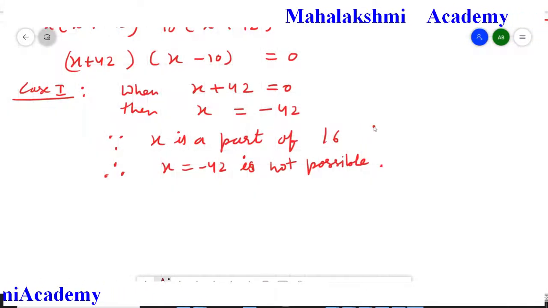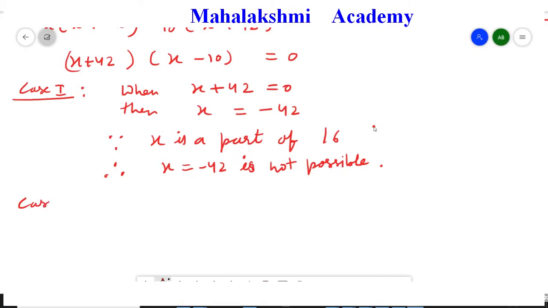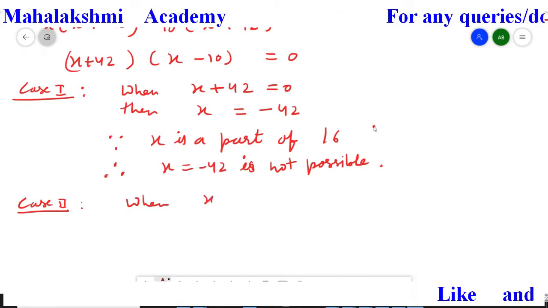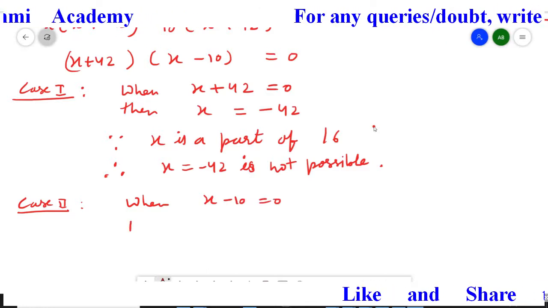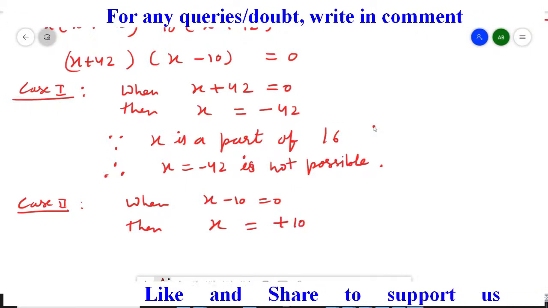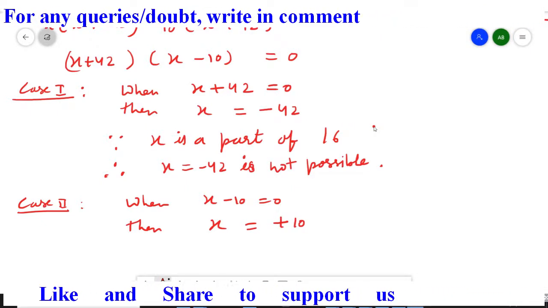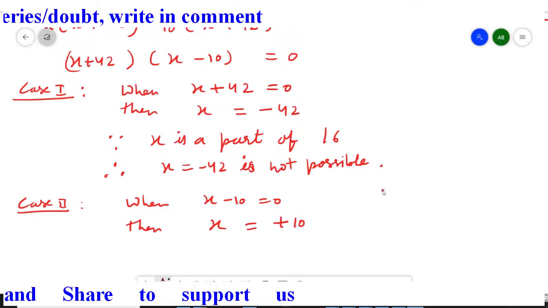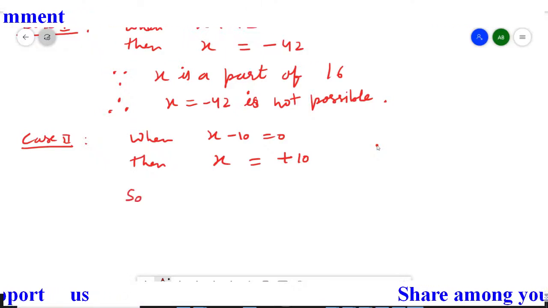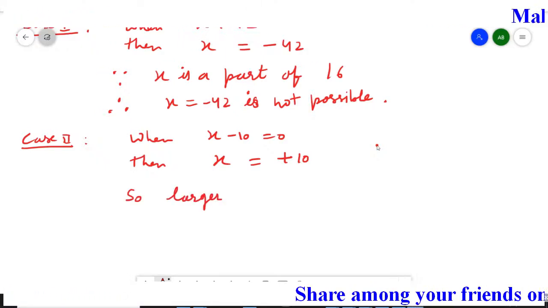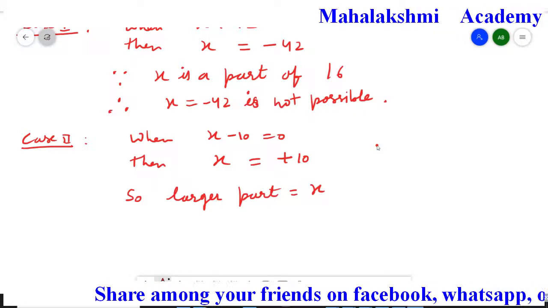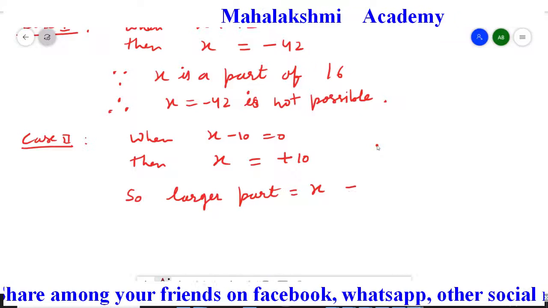So we are going to get here case second, when x minus 10 equal to 0. In that situation the value of x is going to be plus 10. Now since we obtained plus 10 and it's a part of 16, this case is possible. So we have to find the larger part, which we assumed initially, you can see the starting line, larger part is equal to x, equal to 10.